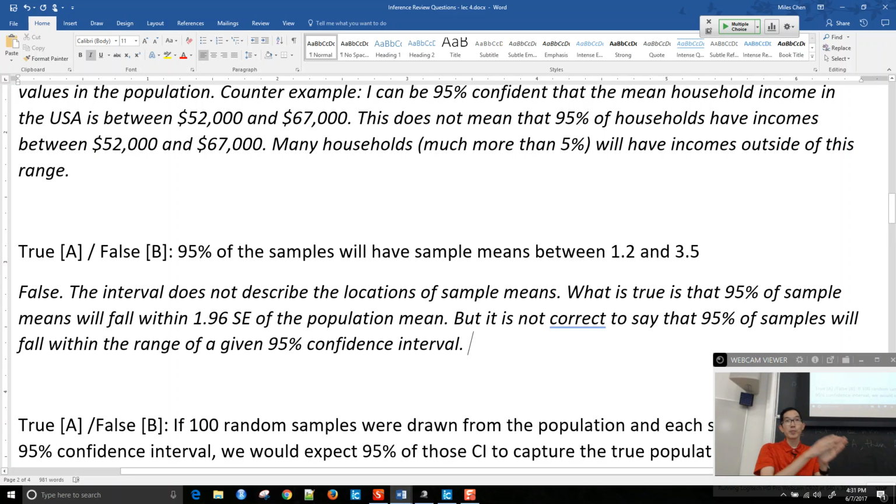If we created a range based on the population mean, that would be correct. But this interval of 1.2 to 3.5 is based on some random sample and not the population mean. So it's not correct to say that 95% of sample means will fall within the range of the given confidence interval.